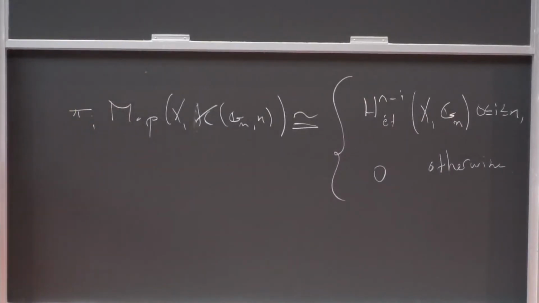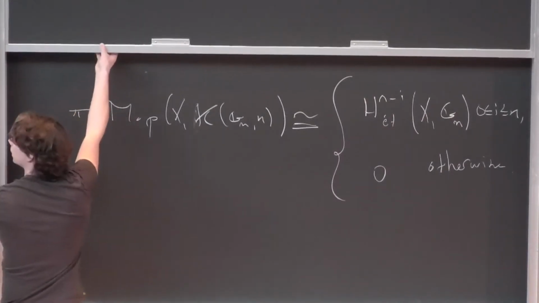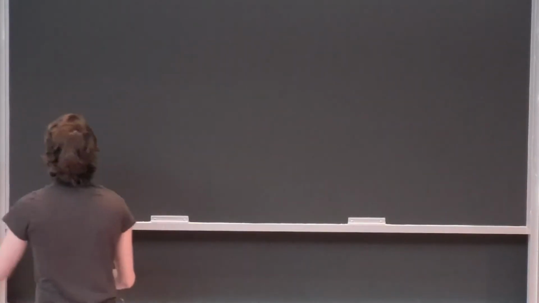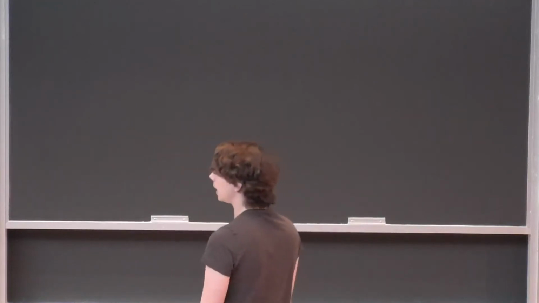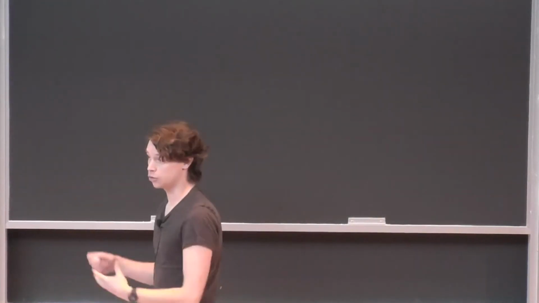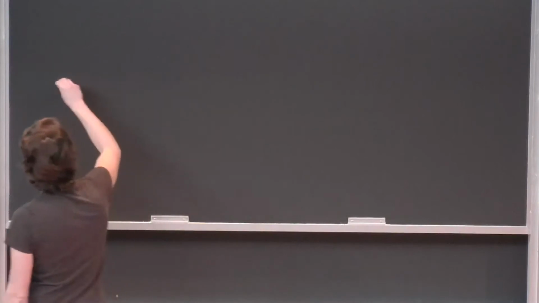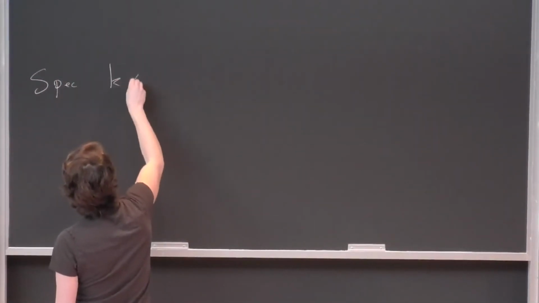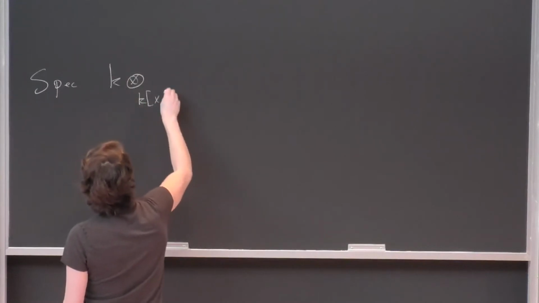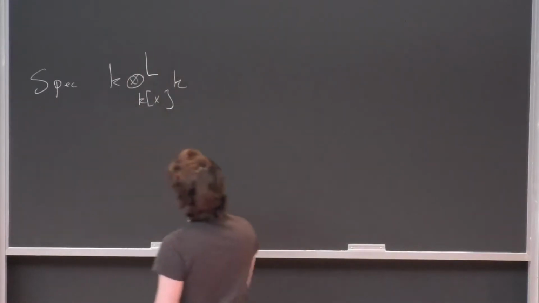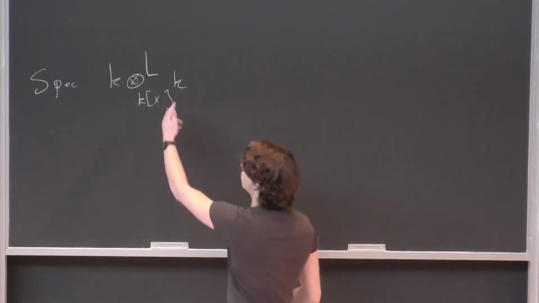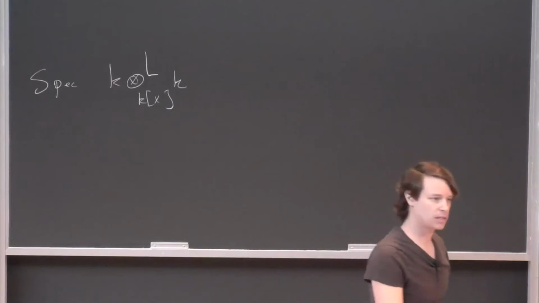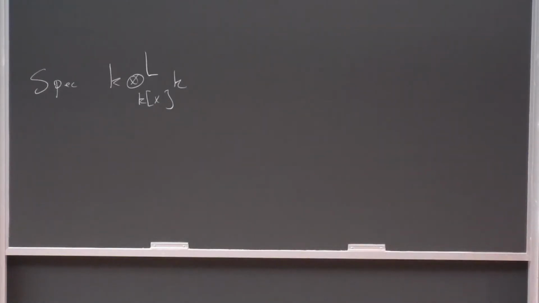I'm sorry, I sort of mismanaged the board here, so I'm going to have to cover this up. So let me give you the next two layers in the evolution here. So the next is the derived schemes. So spec of K, I'm just going to do a very simple version. I take the derived tensor product of K with itself over K[x], where x goes to 0 in both cases. This can be modeled by what's called a simplicial commutative ring.